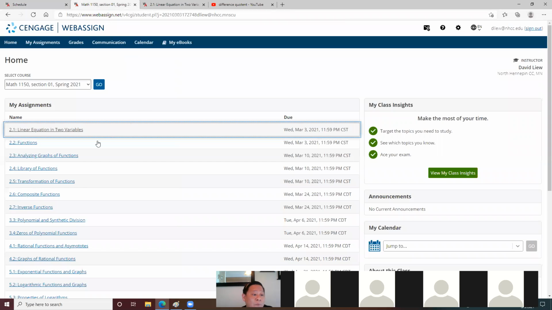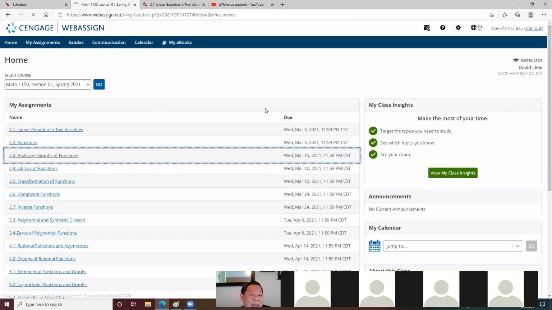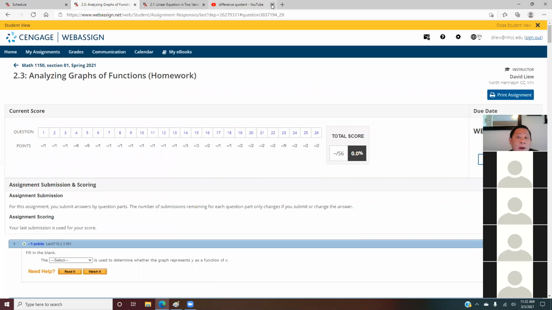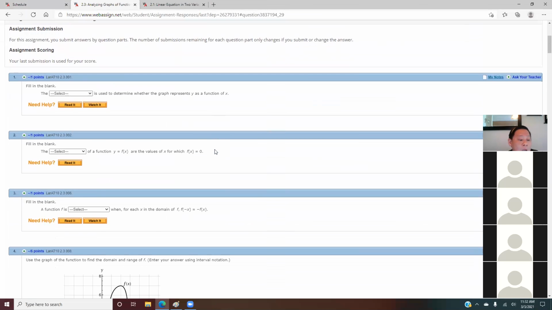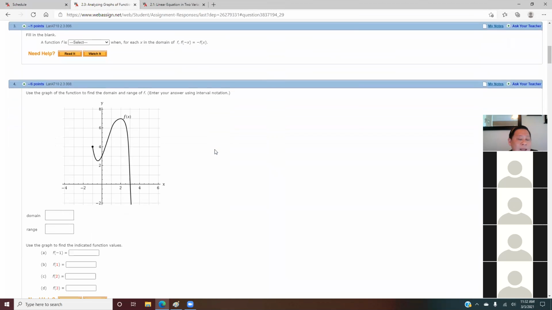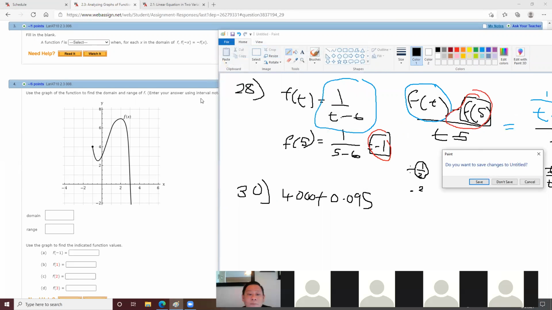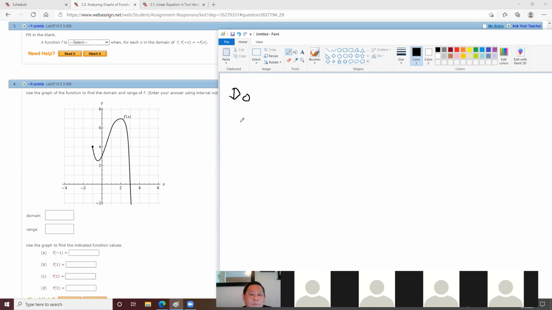So the next one we're going to talk about here is how we analyze the graph of functions. Yes, I will post some videos, so make sure you watch those videos. So the first thing they ask us to do is to figure out the domain and range. Does anyone know what domain and range stand for?